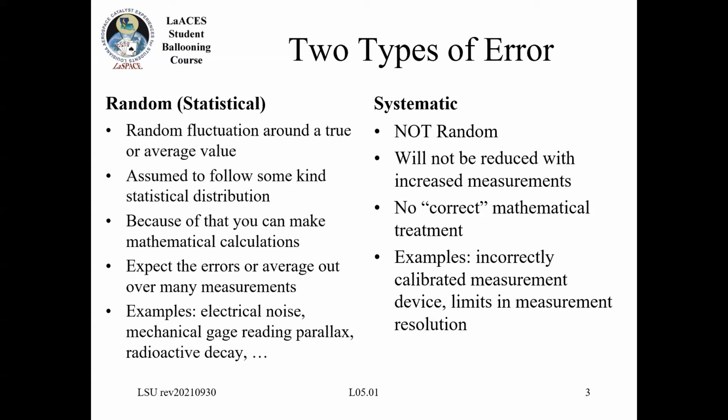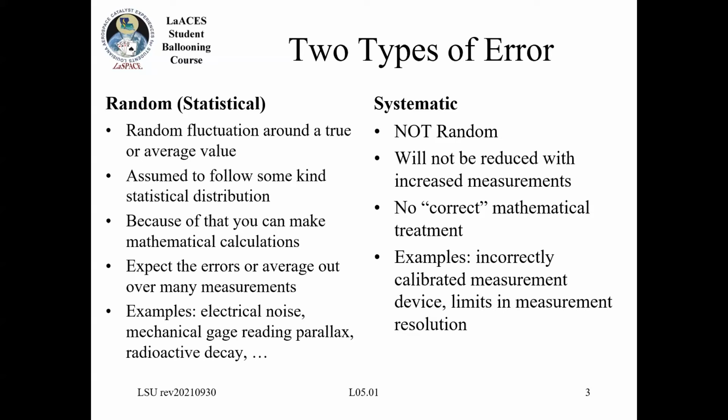This is where you'll see a bell curve or a Gaussian distribution, but those aren't the only ones. There's all kinds of different statistical distributions. But because they follow this mathematical distribution, you can actually make mathematical statements and do calculations on those errors.